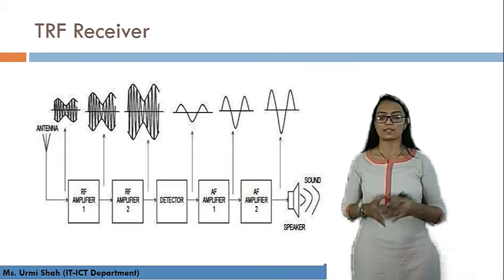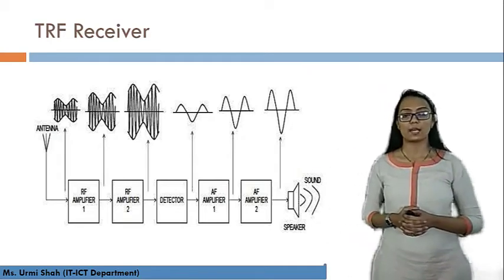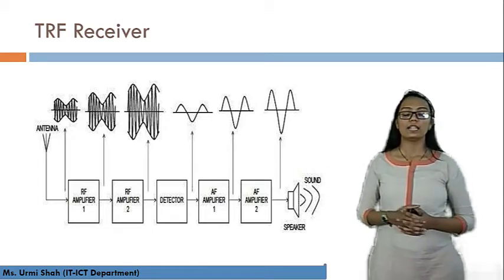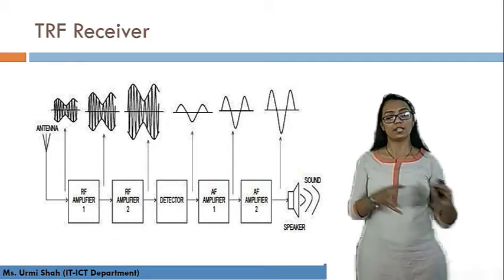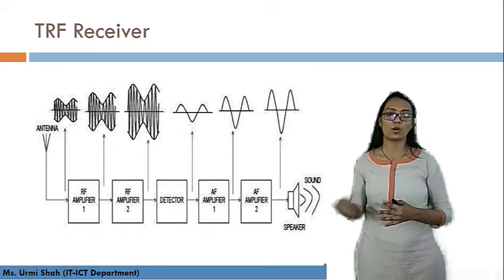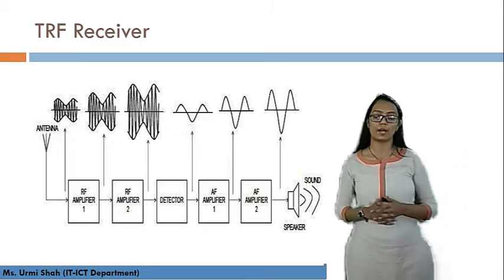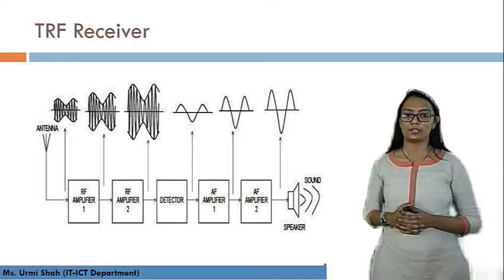Further it processes the signal and transmits it to radio frequency amplifier 2. This way it is passing the transmitted signal through multiple radio frequency amplifiers. So this we call the RF chain. Multiple times it is processed by passing the signal to the radio frequency amplifier.